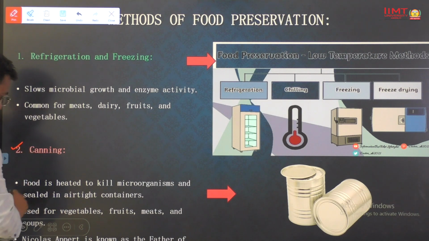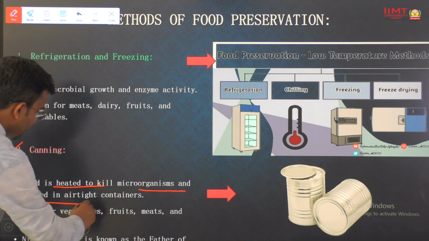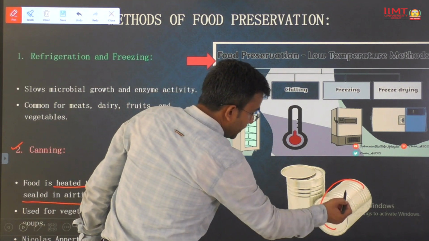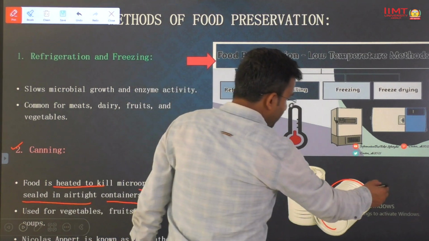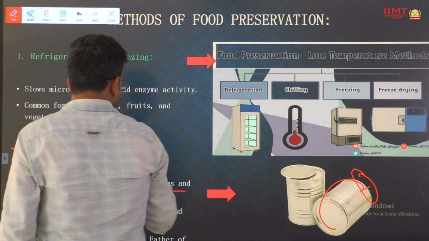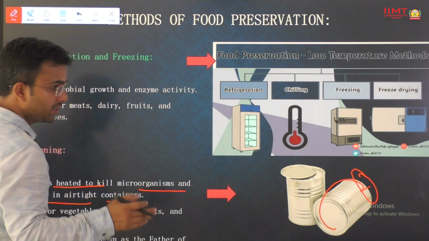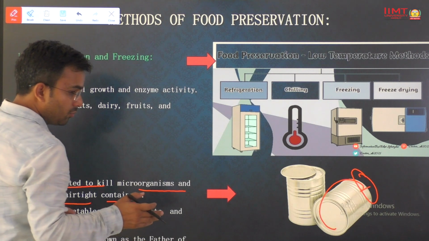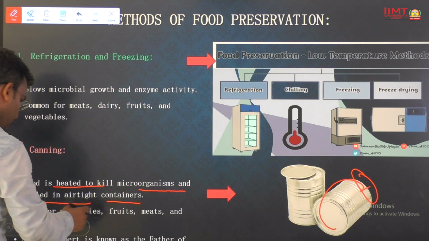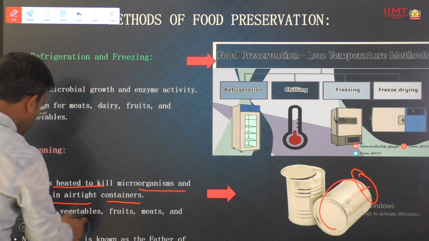Second is canning. Canning uses heat to kill microorganisms and seal the food in an airtight container. It means we pack the food in a container and seal it airtight, which stops the air and moisture from getting inside the container, and this helps in reducing food spoilage.